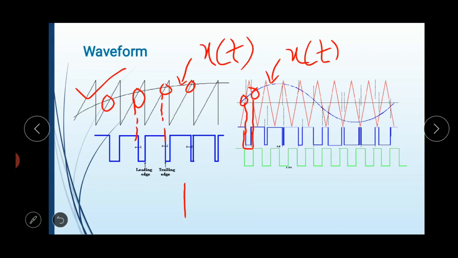From that we can observe that both the leading edge and trailing edge are modulated.